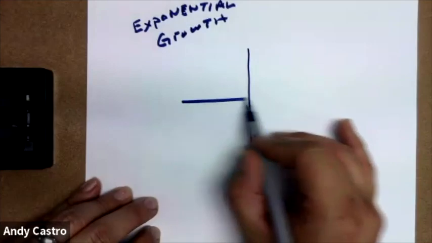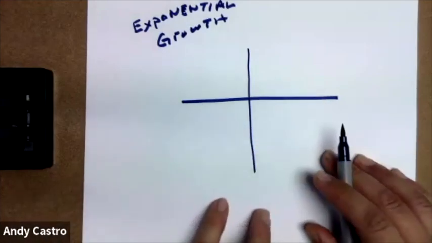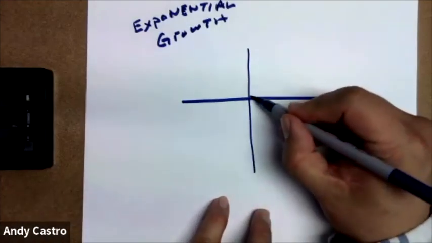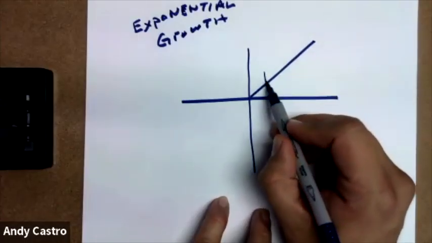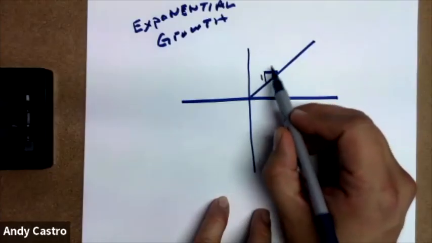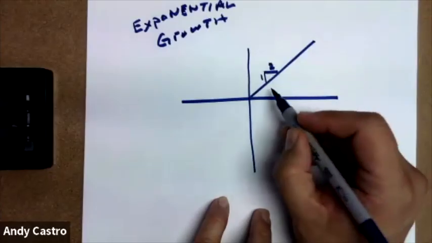If we have a graph here, we can think of something that grows linearly, would grow like that. Okay. It has a slope. It has a rise over a run, right?